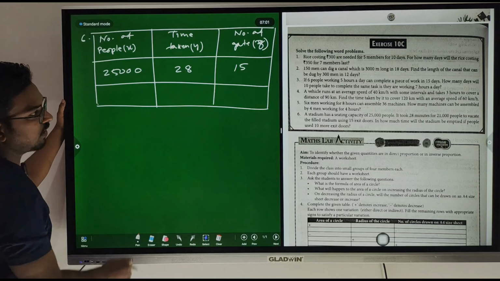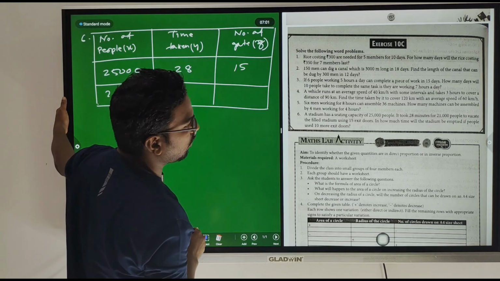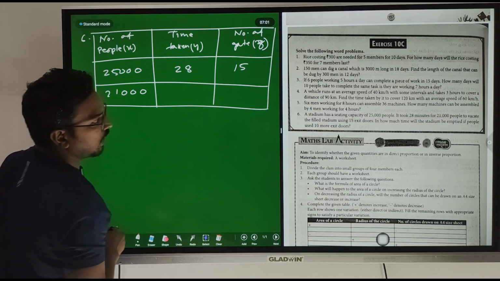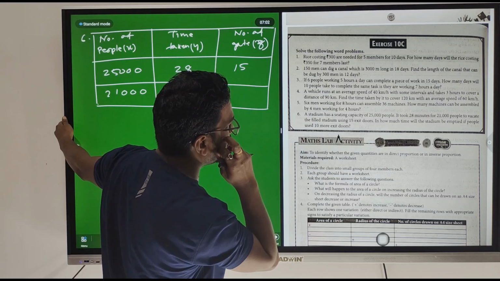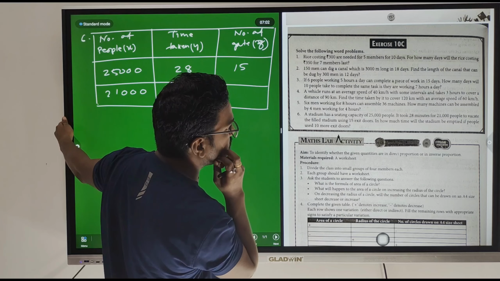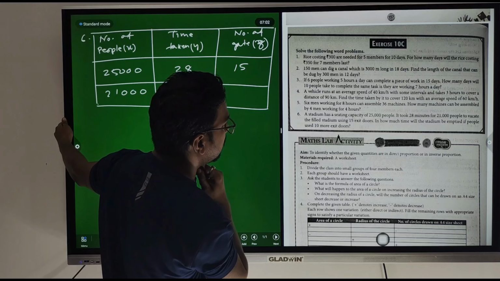And here it is given, if there are 21,000 people, it takes 28 minutes. Okay, sorry. Here it is given 21,000 people to vacate.